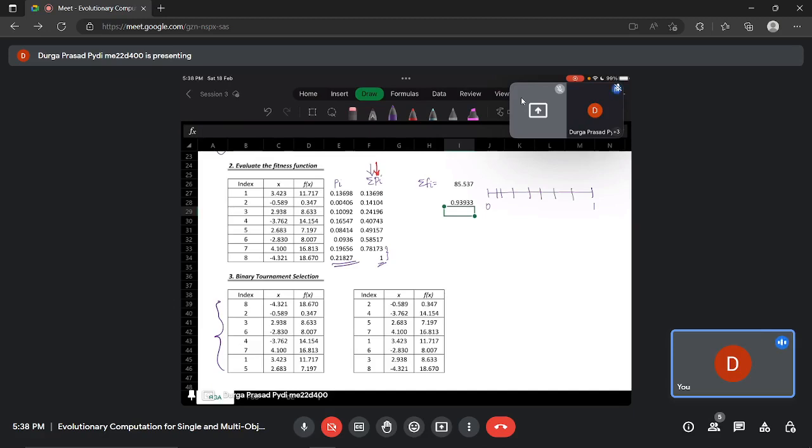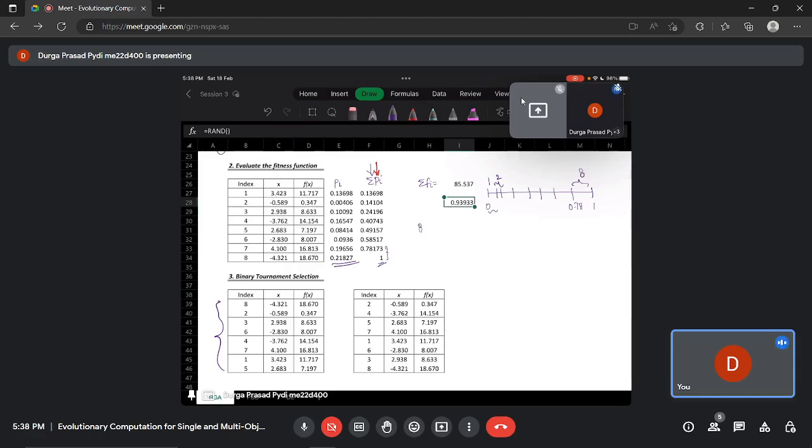These are the various values you get. If you get something in between these, you pick index 1. If you get some value between these two, you pick index 2. In the same way, this is your final value 0.78. If you get some random number between these two, you pick solution 8. The number we generated in our case is 0.93, so we pick solution 8.